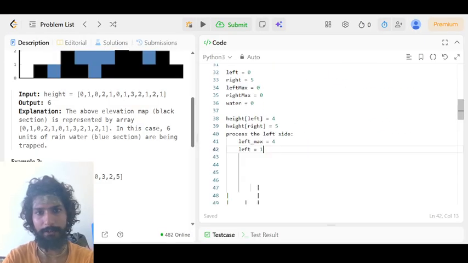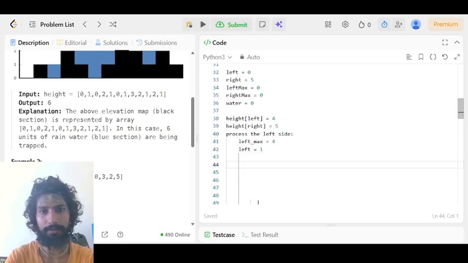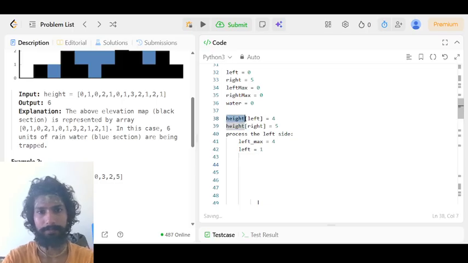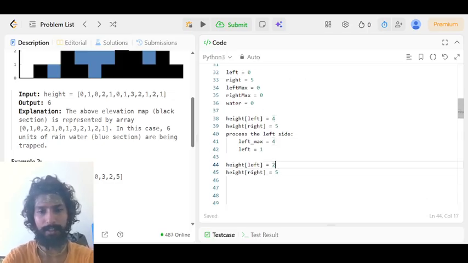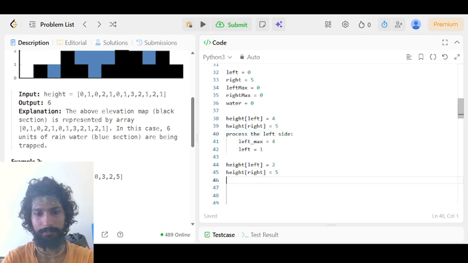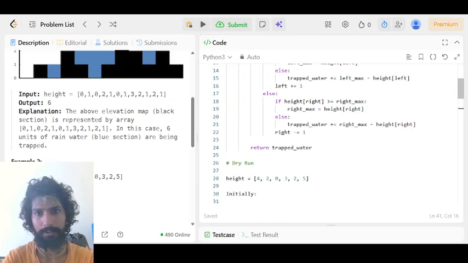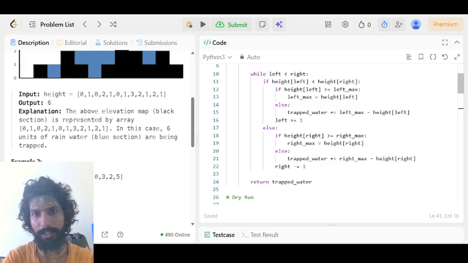So again we check, height of left will have a different value now. Now height of left becomes 2 and right is 5. So again we process the left side. Now left max will remain as 4 because height of left is less than left max. So I will go to this step.